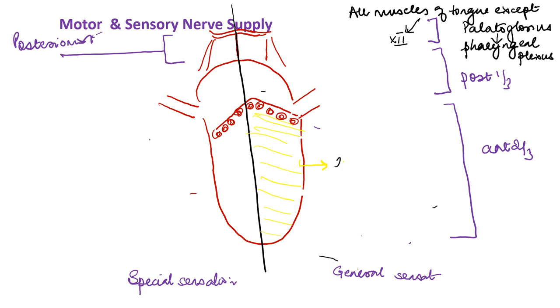That of the posterior 1/3 of the tongue, as well as from the part of the tongue which is overlying the circumvallate papilla, is carried by the glossopharyngeal nerve.